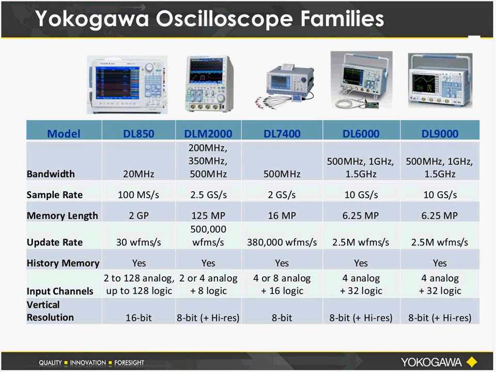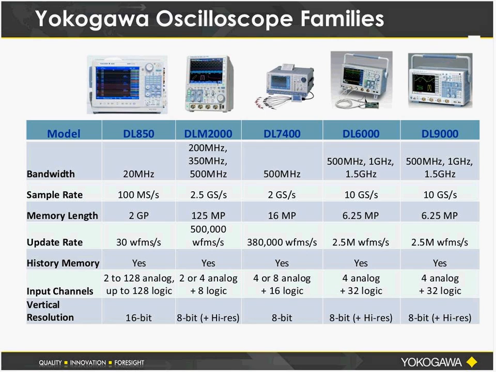So we covered a lot superficially within the last hour. I do want to wrap up here with a quick overview of the families of oscilloscopes from Yokogawa that range from 20 megahertz bandwidth through 1.5 gigahertz bandwidth.